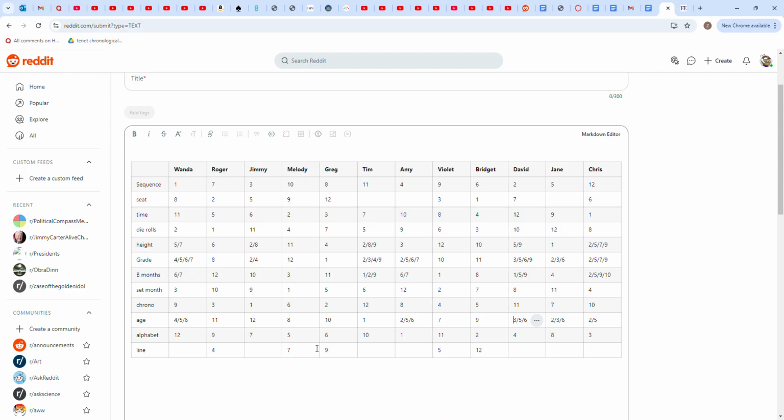All right then. Now the question I want to ask is, among these people who could potentially be in this 6th position, the 6th youngest, I should say, the oldest of these people, who could that be?